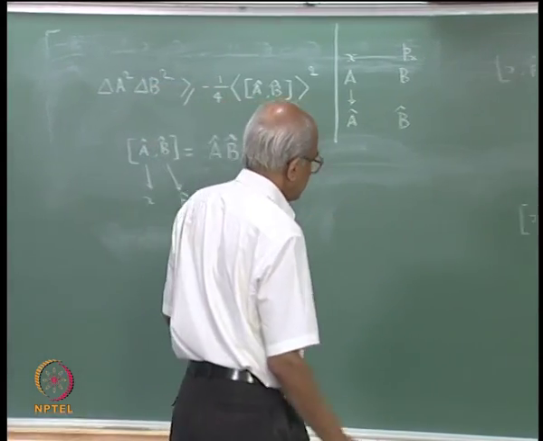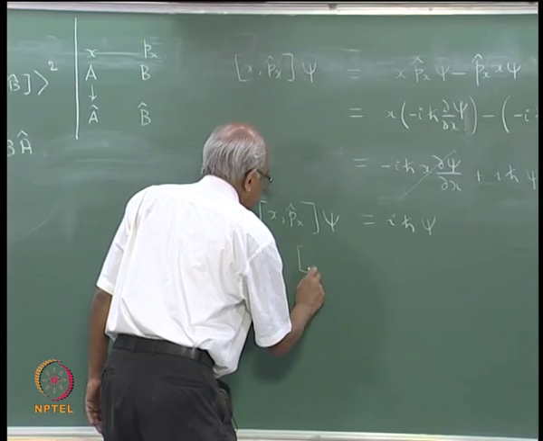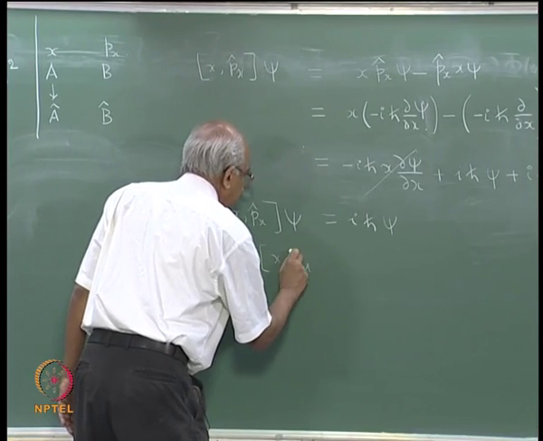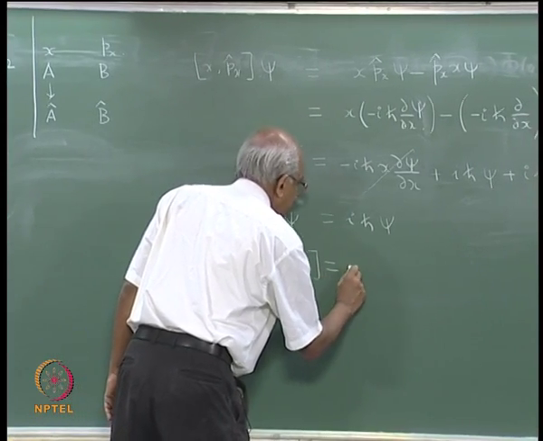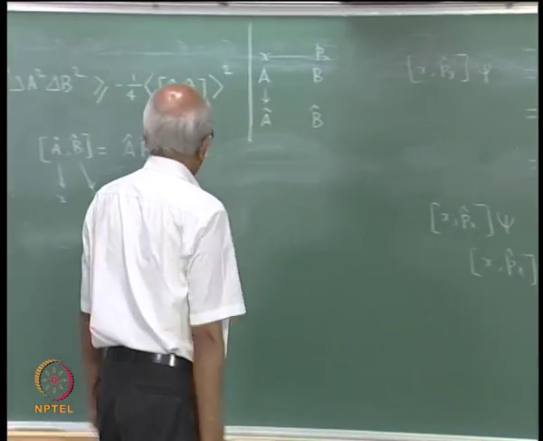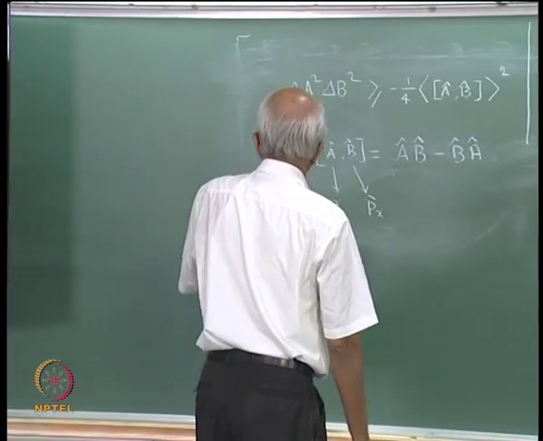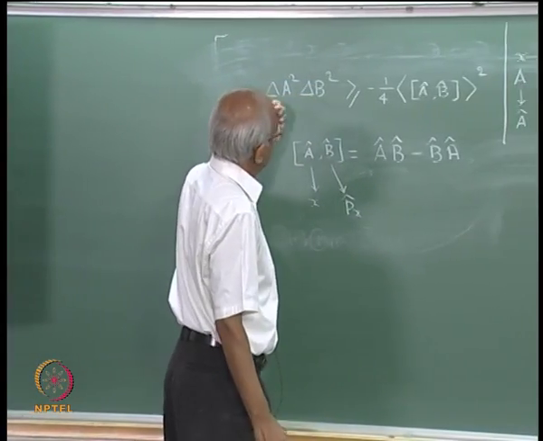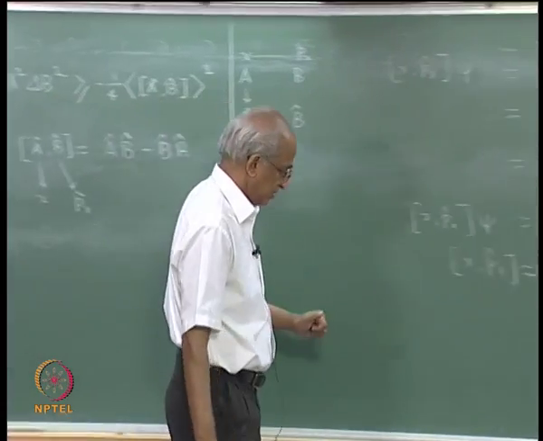What does this mean? This means that the commutator of these two operators is actually equivalent to multiplication by I h cross. Okay. Having calculated the commutator, let me use it in this inequality.